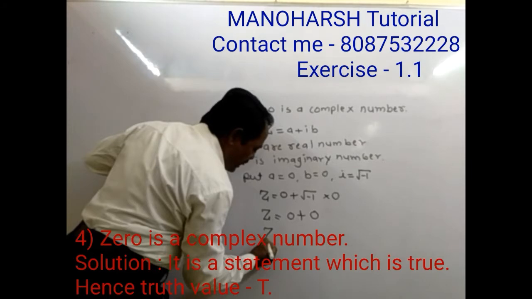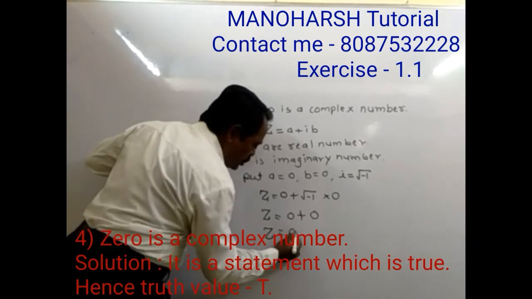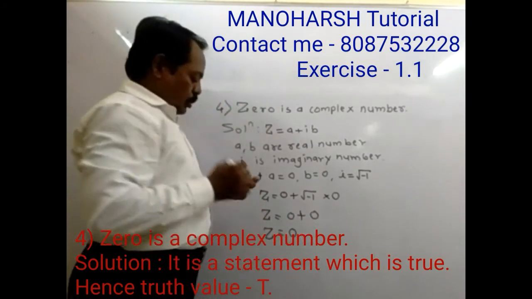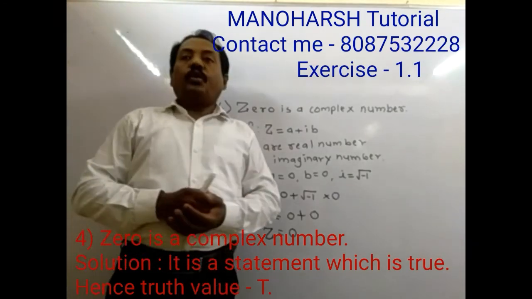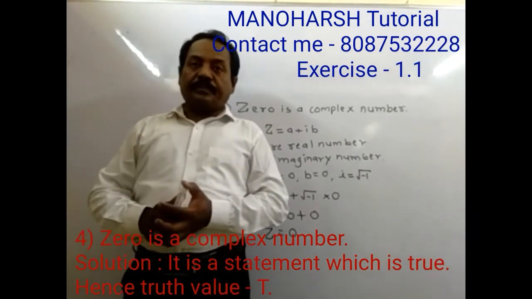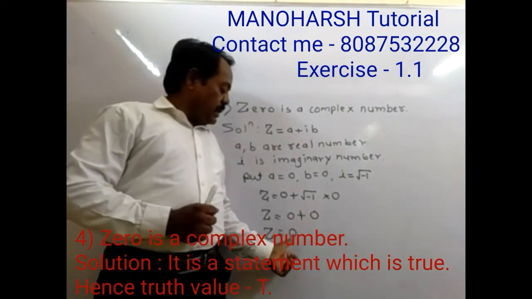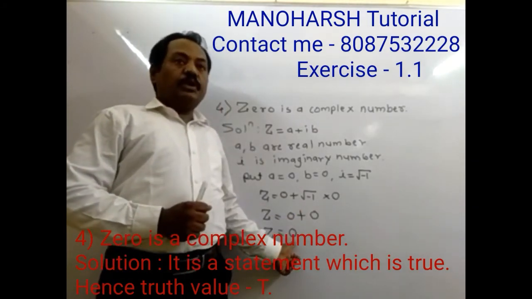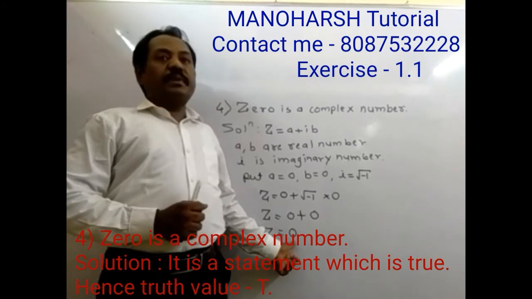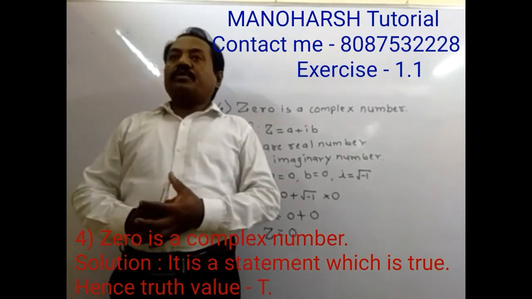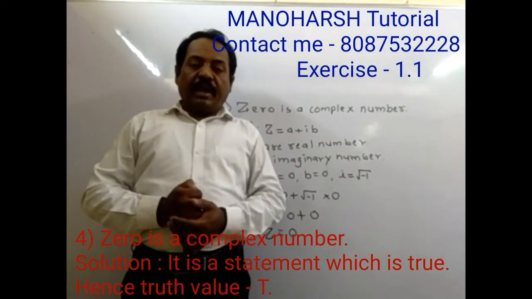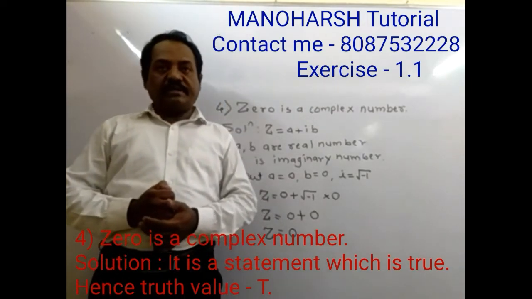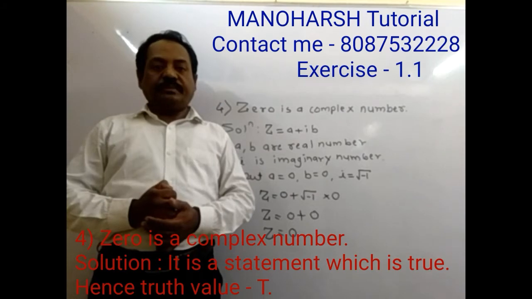So z, which is a complex number, is 0 प्लस 0 0। तो यह सेंटेंस 0 is a complex number is completely true. Therefore solution क्या होगा? It is a statement which is true. Hence the truth value is capital T.